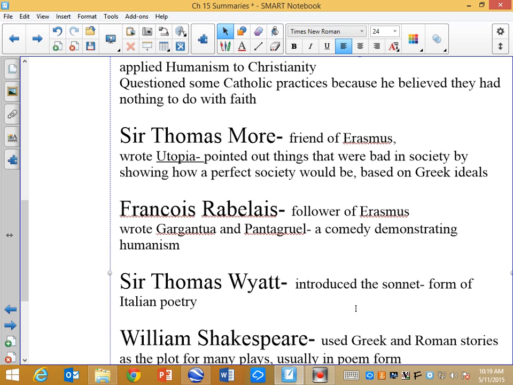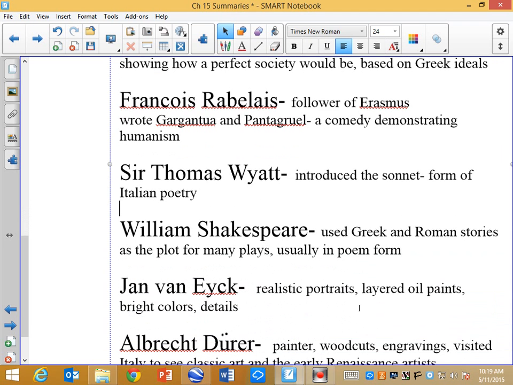The style of poetry called the sonnet, and the sonnet is written in rhyme, and so when you think of poetry, you often think of rhyming. So he had a lot to do with that, and he wrote in Italian. So he was very important with that idea, and people were excited to see this new format of poetry.